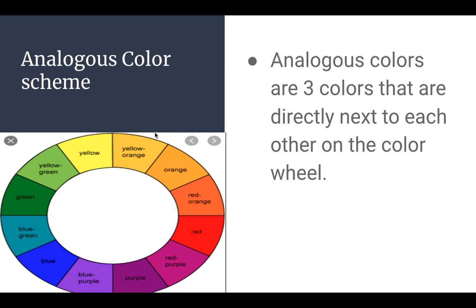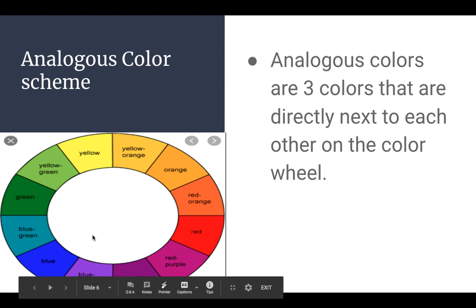And we have analogous colors. Analogous colors are three colors that are next to each other on the color wheel. So we could look at yellow, yellow orange, and orange, for example. We can look at red orange, red, and red purple. We can also look at blue, blue purple, and red purple, and purple, right?